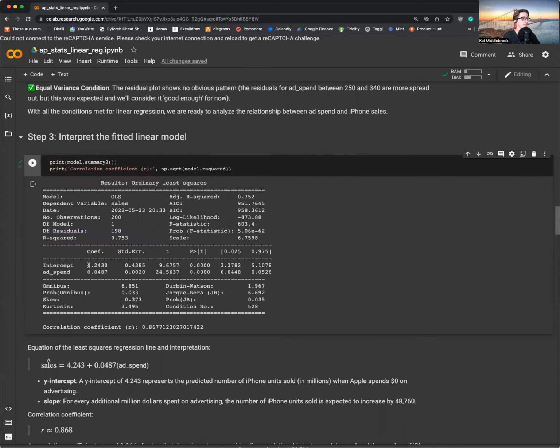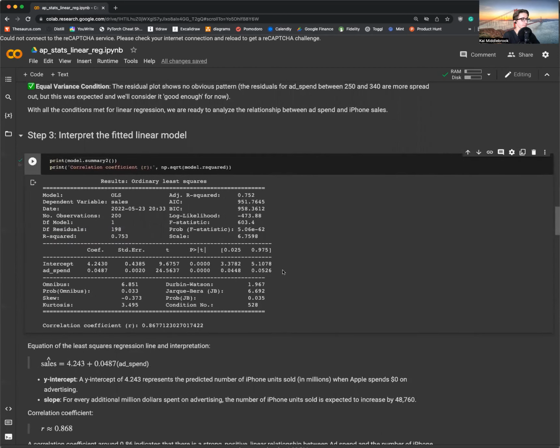Here we can see the fitted values for the y-intercept and our beta 1 value, or our slope here. And then their standard deviation, their t values, the p-value from a two-sided t-test, and then the 95% confidence interval for each of these variables.